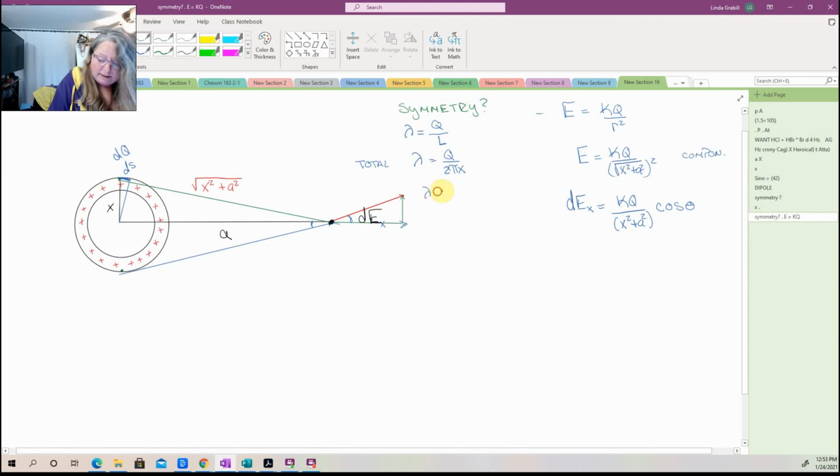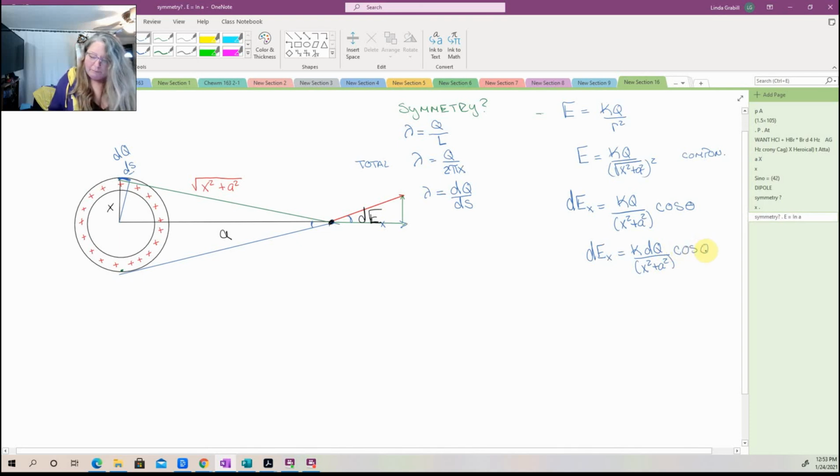I'm going to have lambda equals dq divided by this ds. Cool, so I feel like I can rewrite my dE in terms of dq. So k, the pieces of q I'm adding up, going around the circle, divided by my r squared, which is this x squared plus a squared, cosine theta.